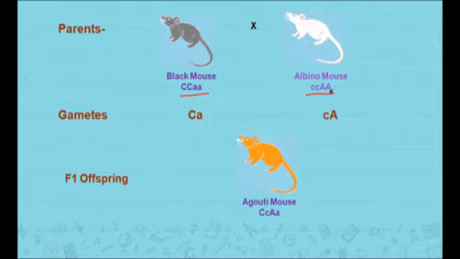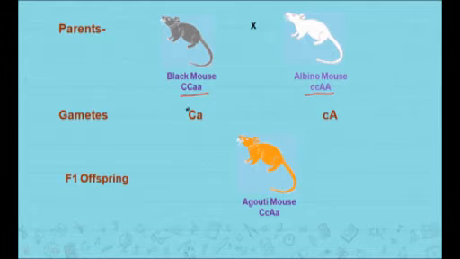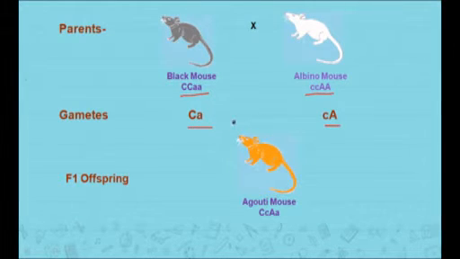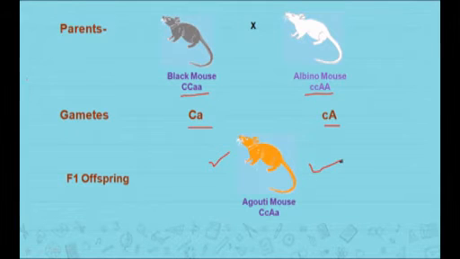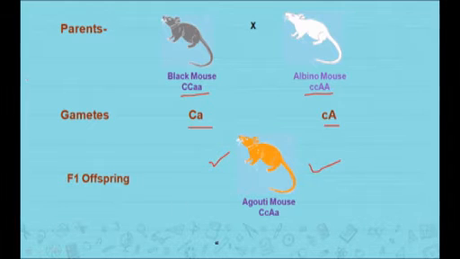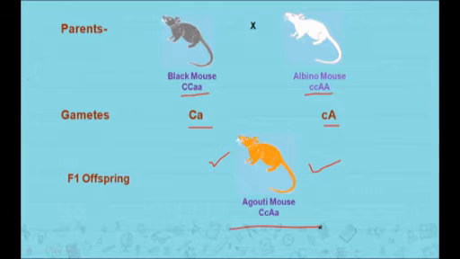This albino parent contains the genotype small c, capital A, capital A. As usual, they give rise to gametes, and the resulting offspring is different from both parents. An agouti colored mouse is formed because it has the combination of both parents. This is our F1 generation.